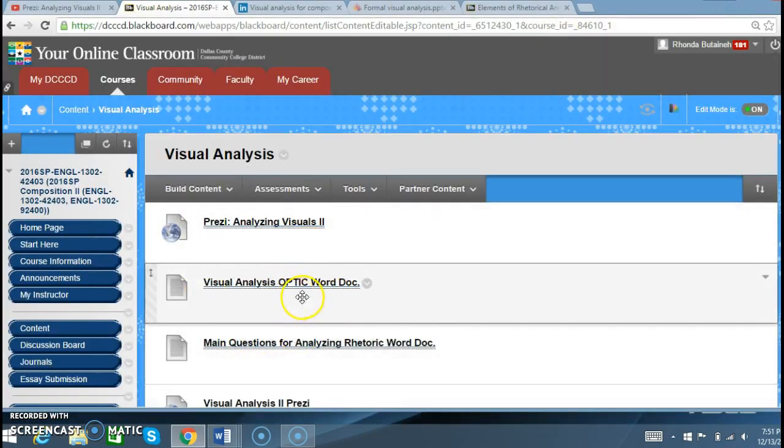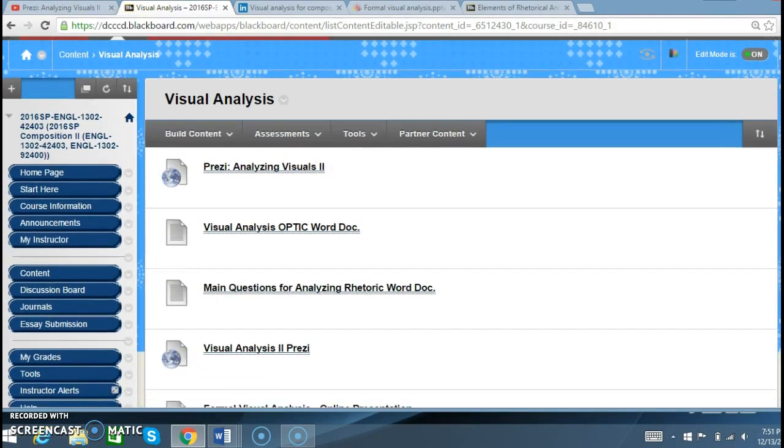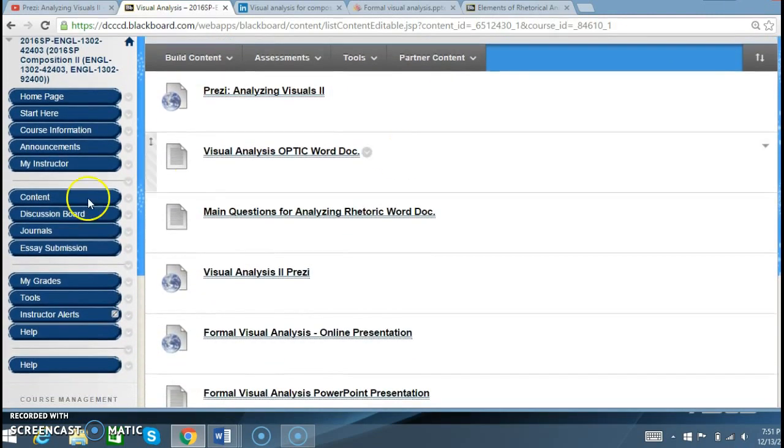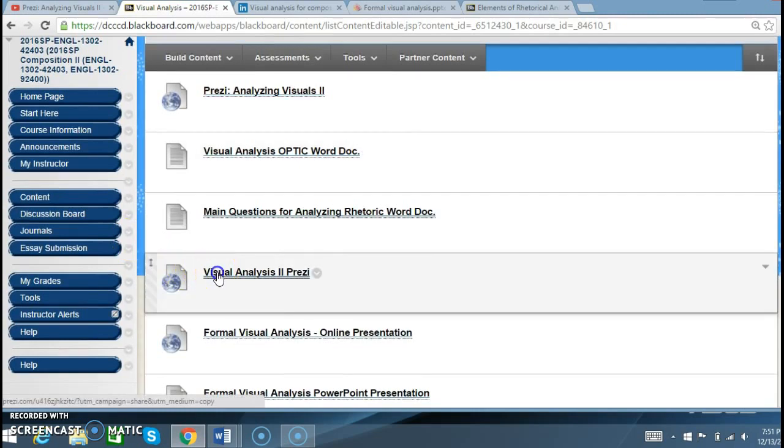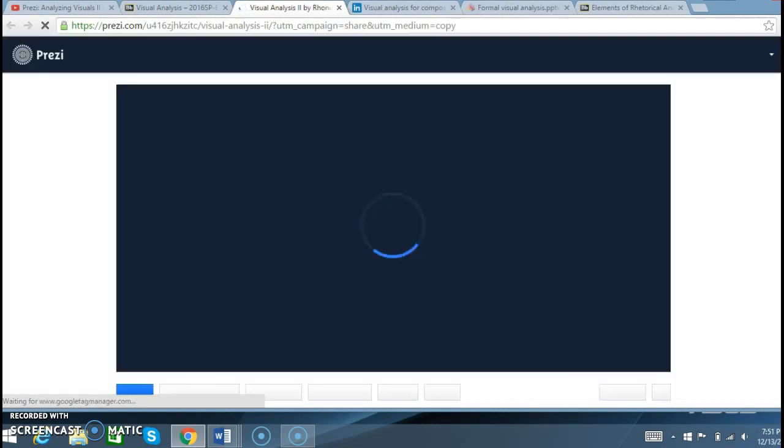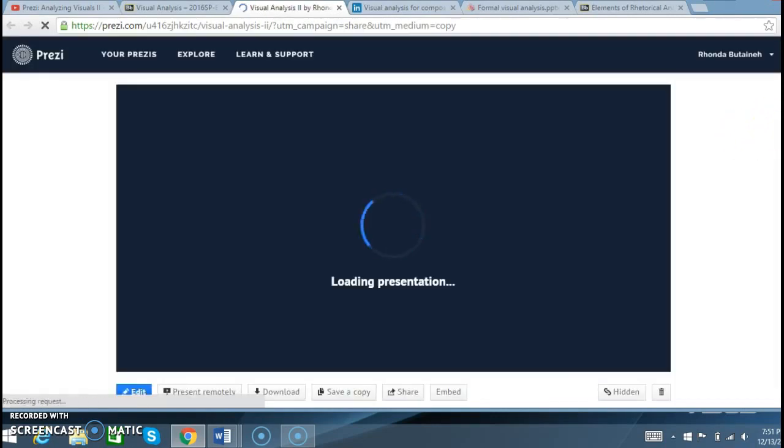Now, once you've reviewed those documents, then you can analyze the Prezi. It is right here, Visual Analysis Prezi. There are several images, and they're paired images, and you will compare and contrast 2 of them for your discussion board.